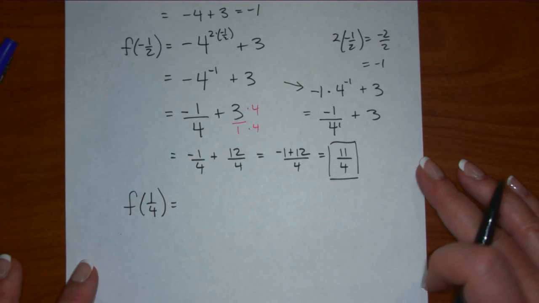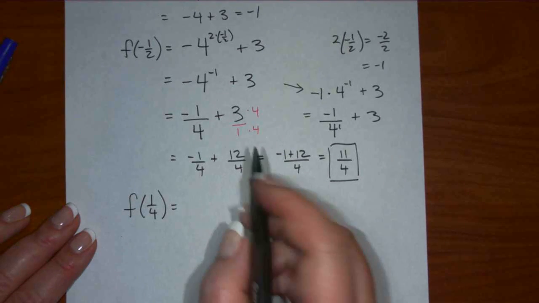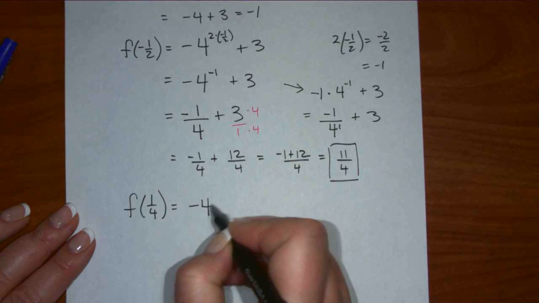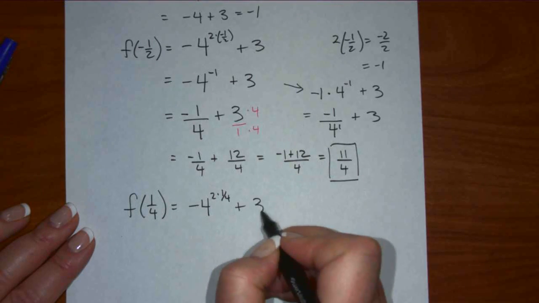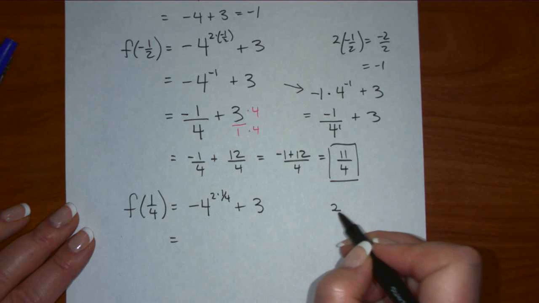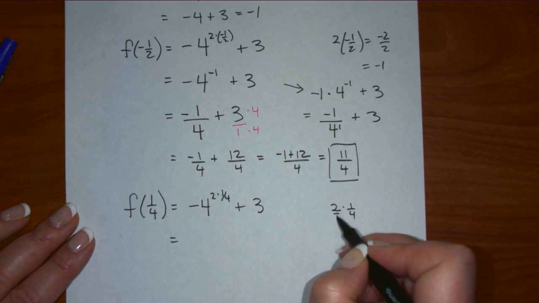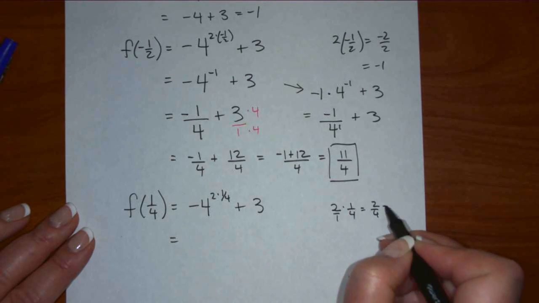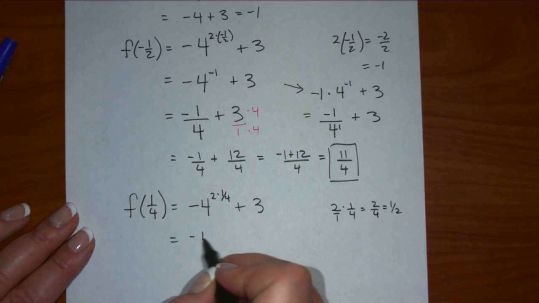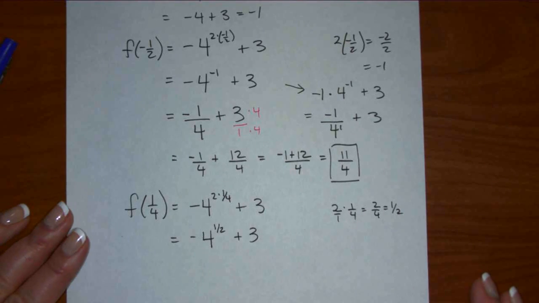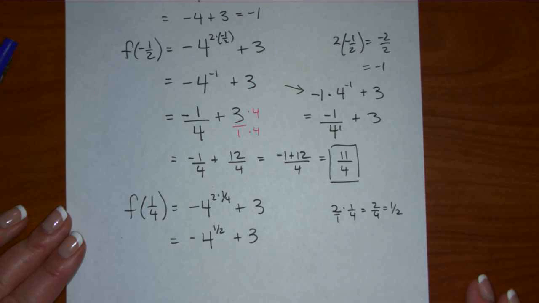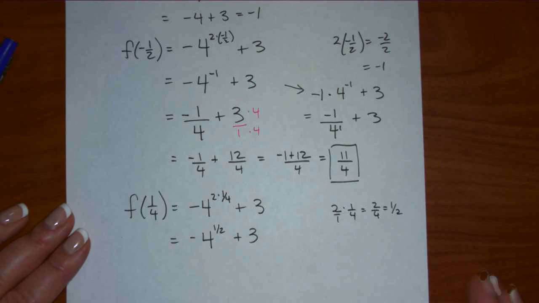So, minus 4, 2 times 1/4 plus 3. What's 2 times 1/4? 2 over 4, which is 1/2. What does 1/2 exponent mean? I heard someone whispering it. Right, square root.